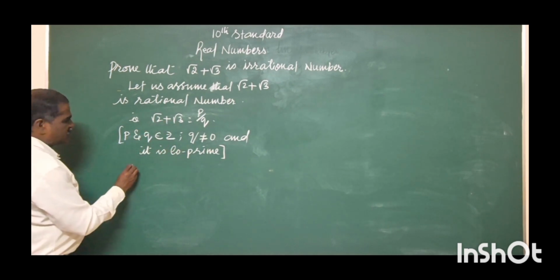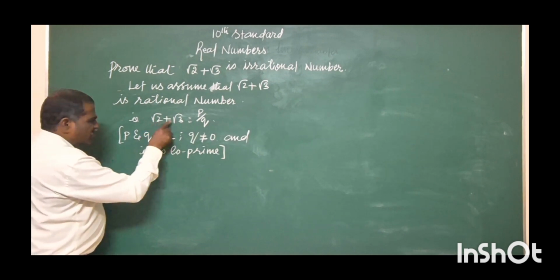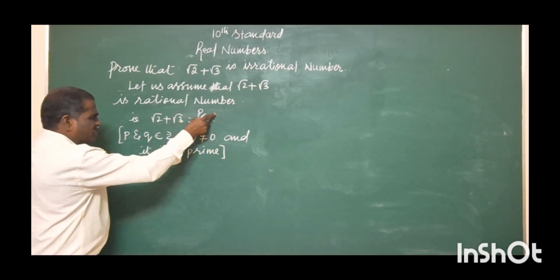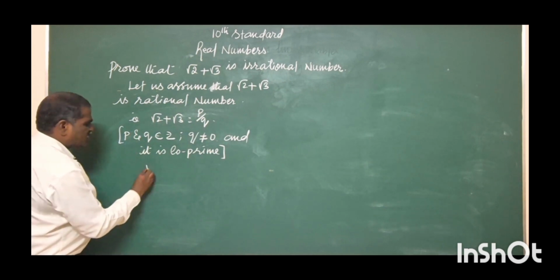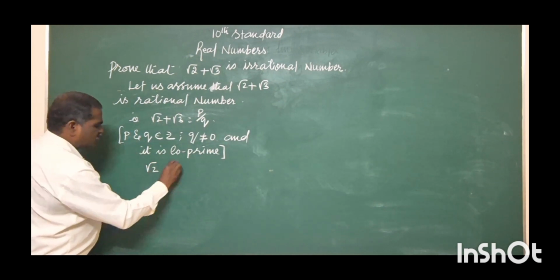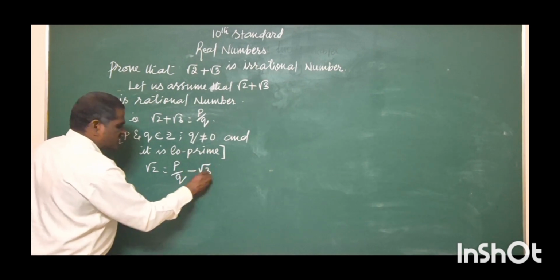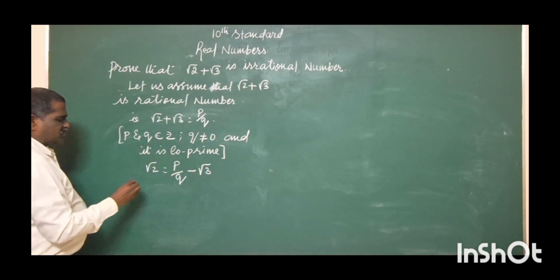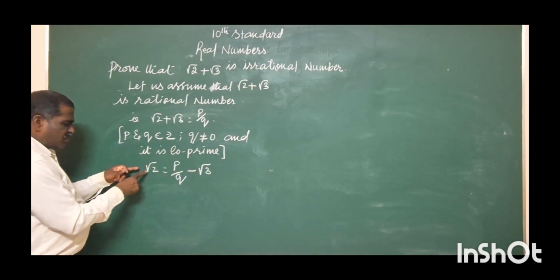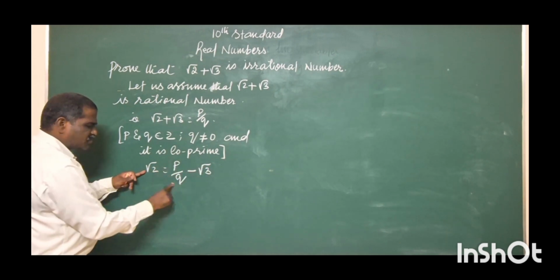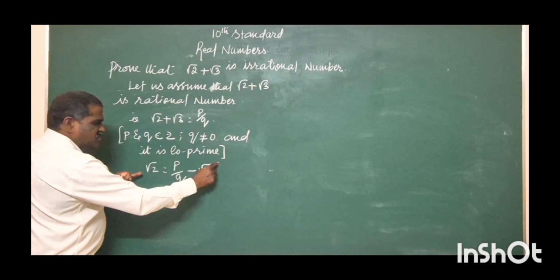Well, take one of the values to the opposite side. Better I'll take root 3 to the opposite side. Root 2 is equal to p by q minus root 3. Here, when you take the root to the opposite side, it will come as a square.